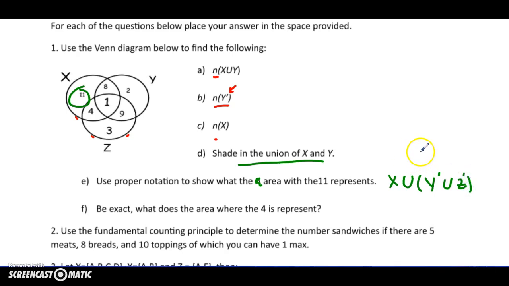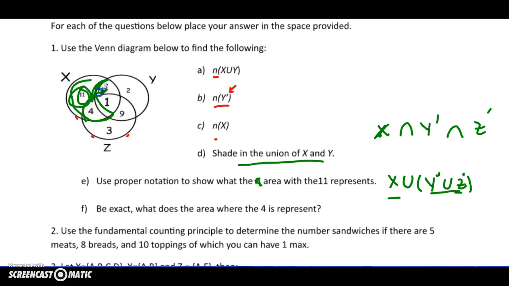Another way to write it is, so it's just in x, right? So it's in x and it's not in y and it's not in z. That's another way to write it. Let me see if this is right. The union of what's not in y and not in z and x. What's not in y is all of this here. What's not in z is all of this here.